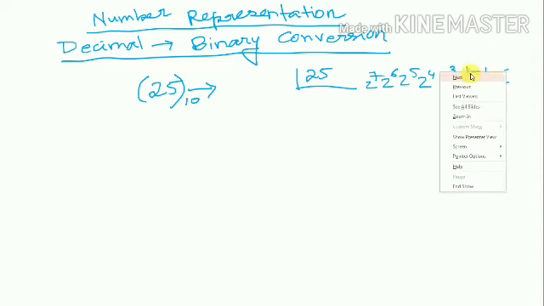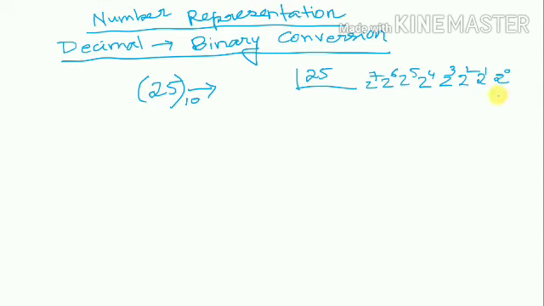So 2 to the power 0 means 1, 2 to the power 1 means 2, this is 4, this is 8, this is 16, this is 32, this is 64, and this is 128.